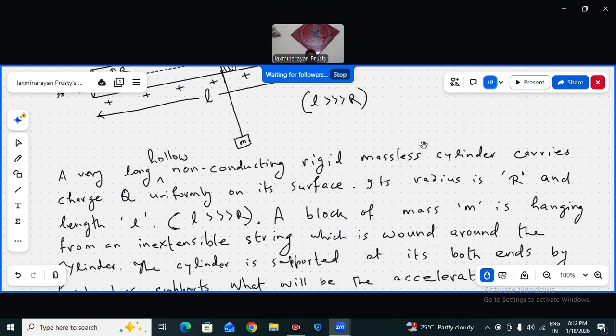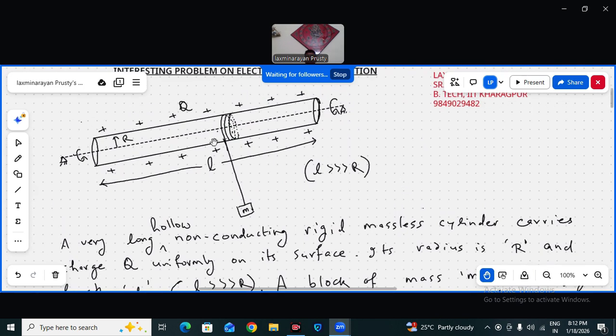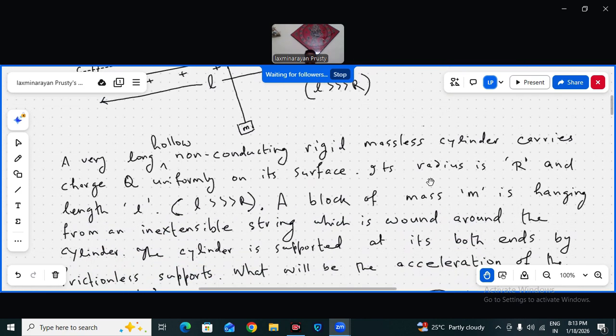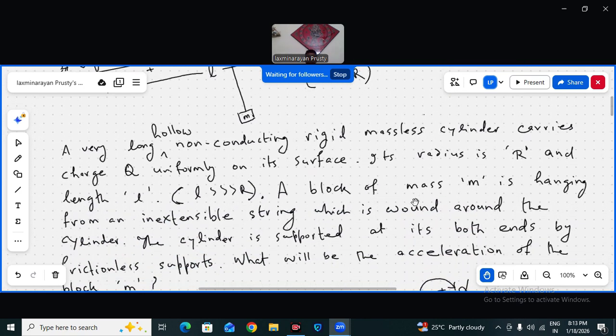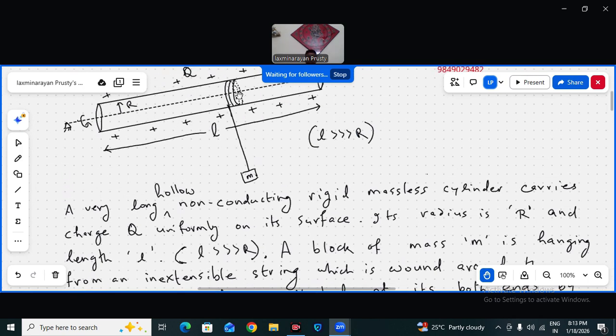A light inextensible string is wound around it, supporting a block of mass M at one end. The block of mass M is hanging from this inextensible string, which is wound around the cylinder.